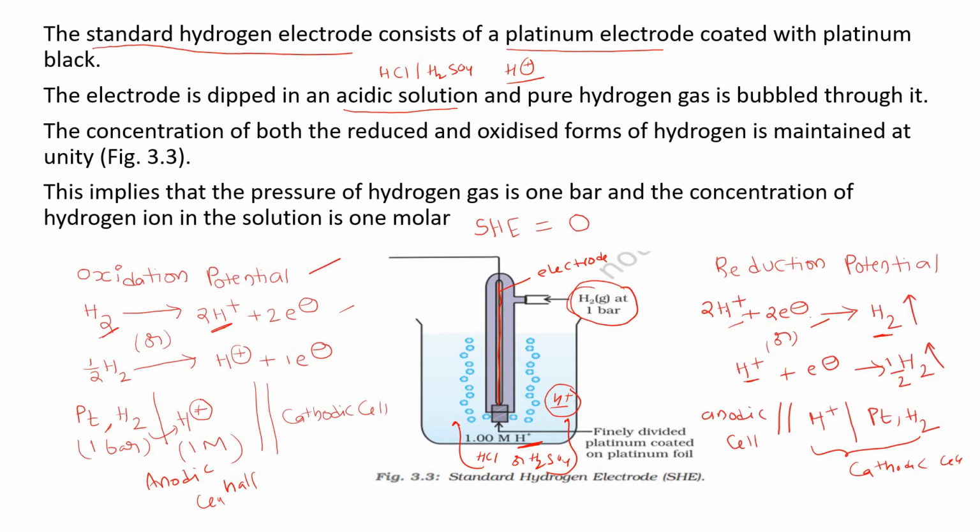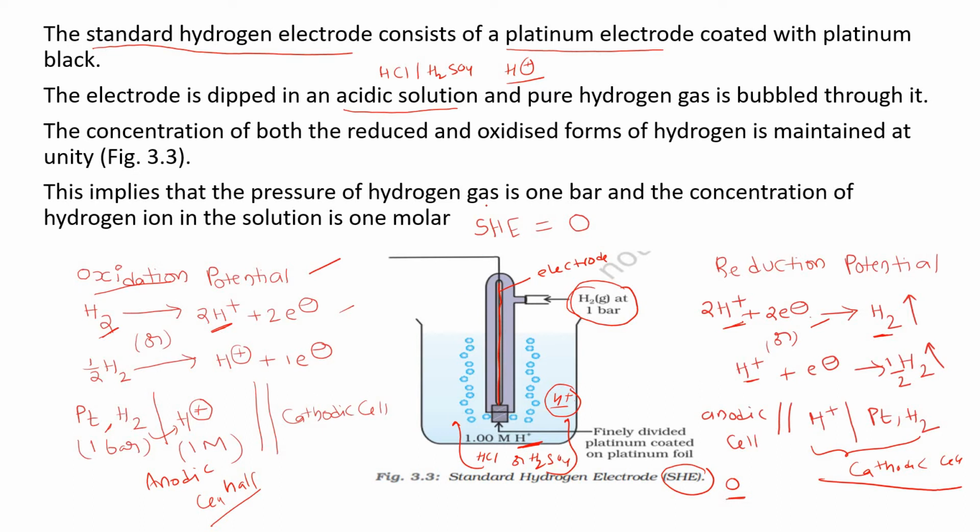That means when hydrogen undergoes reduction, it acts as a cathodic cell. When hydrogen undergoes oxidation, it acts as an anodic half cell. And the standard hydrogen electrode potential value is always 0, whether it acts as anode or cathode.